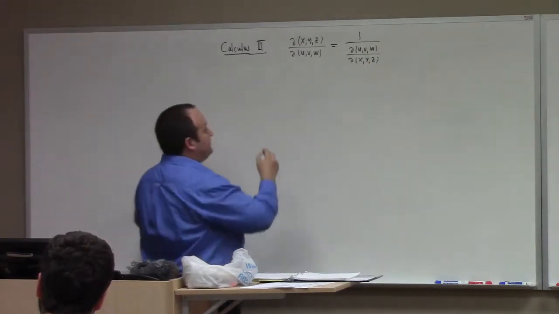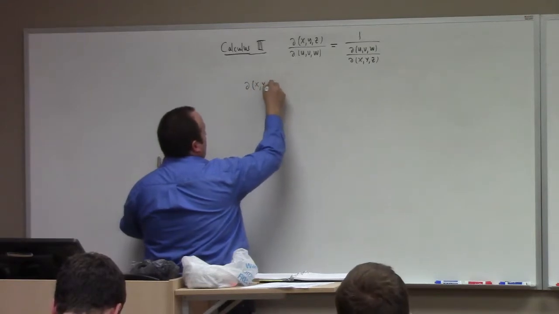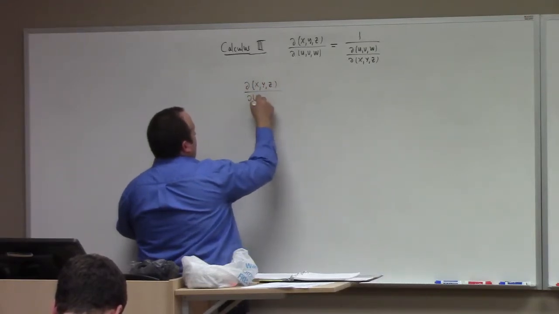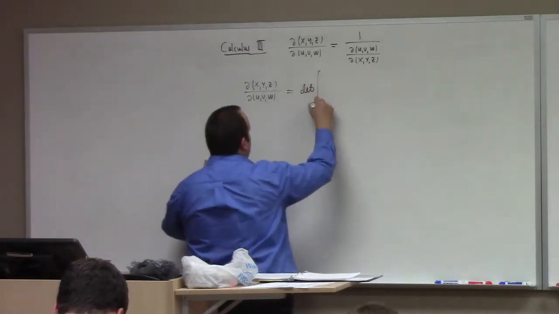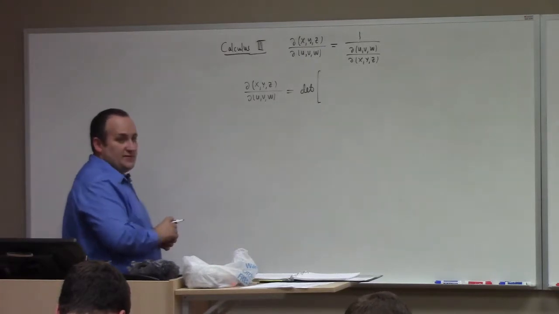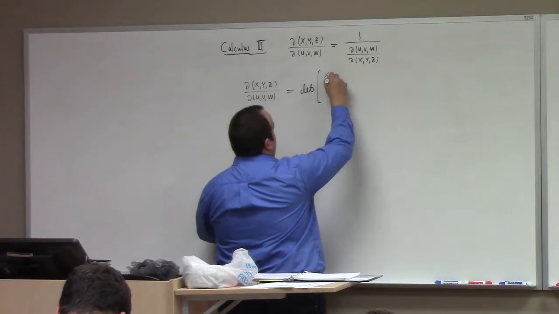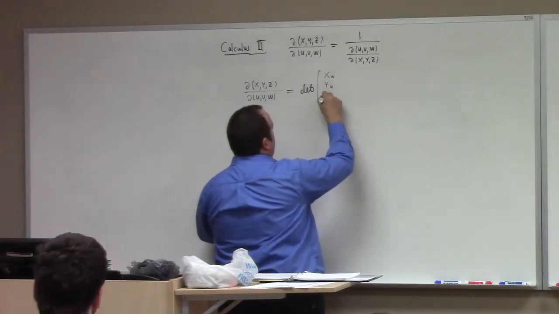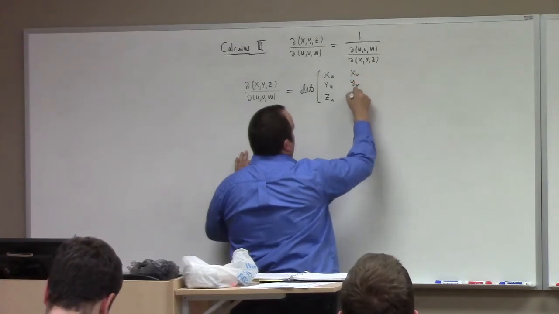Typical Calc 3 notation for this is a notation for the determinant of a particular 3 by 3 matrix of derivatives. So this is x sub u, y sub u, z sub u, x sub v, y sub v, z sub v.